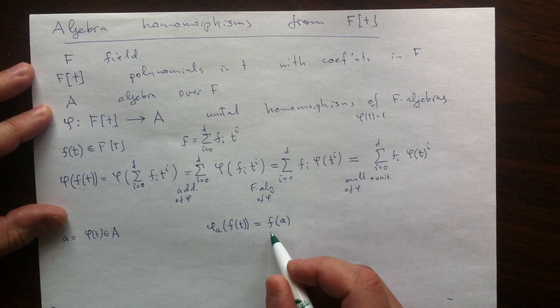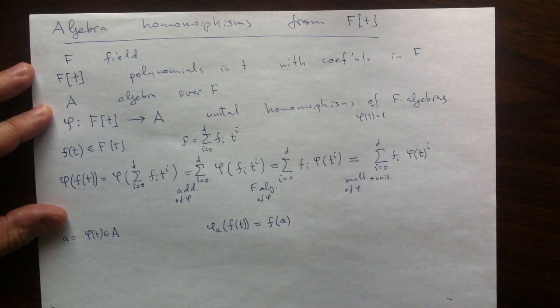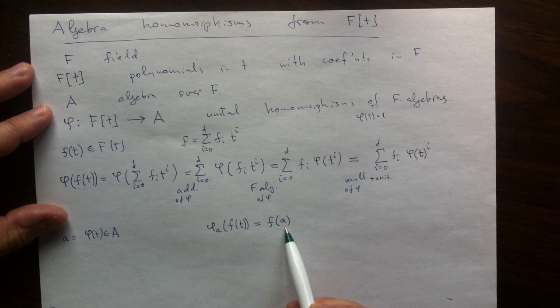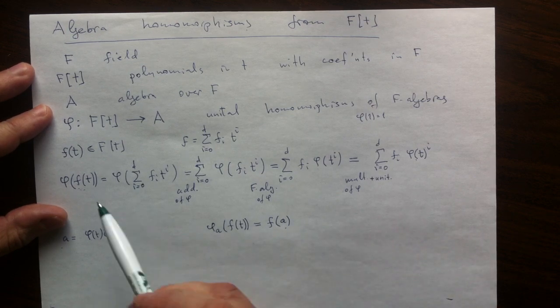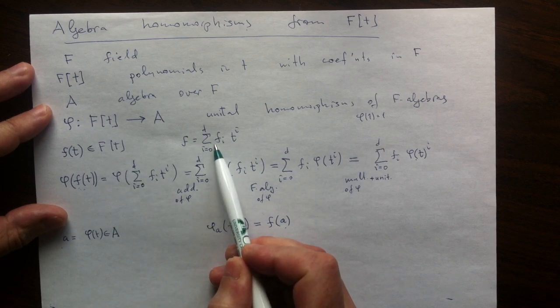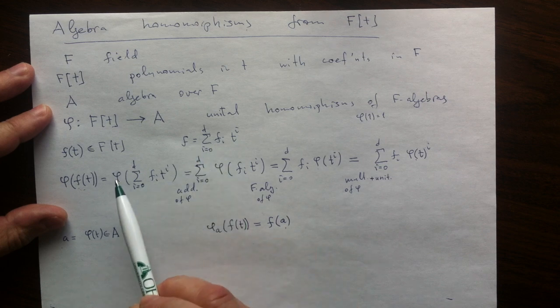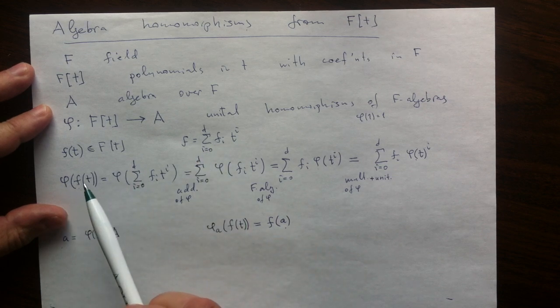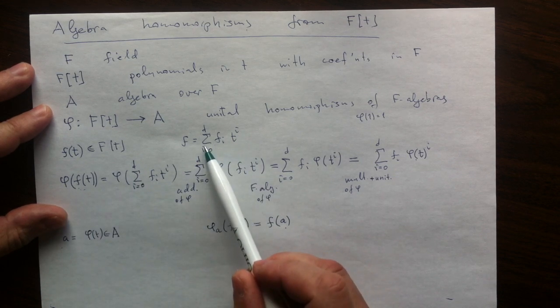f, the polynomial f evaluated on a. Well, we have to really agree what it means. Here is the meaning. You could think of a polynomial as an instruction, as a recipe of computing something in any algebra. Because after all, what is a polynomial?